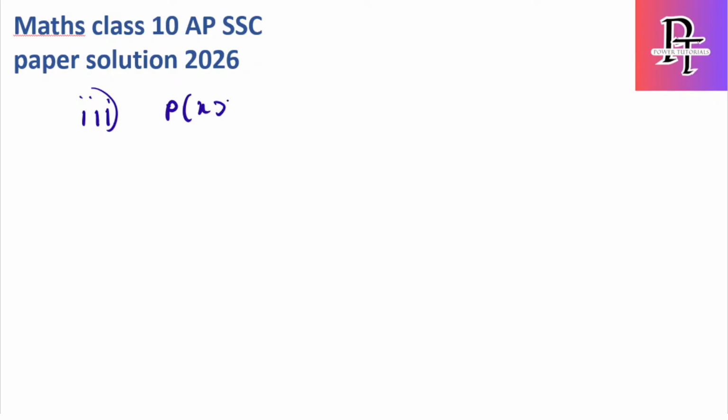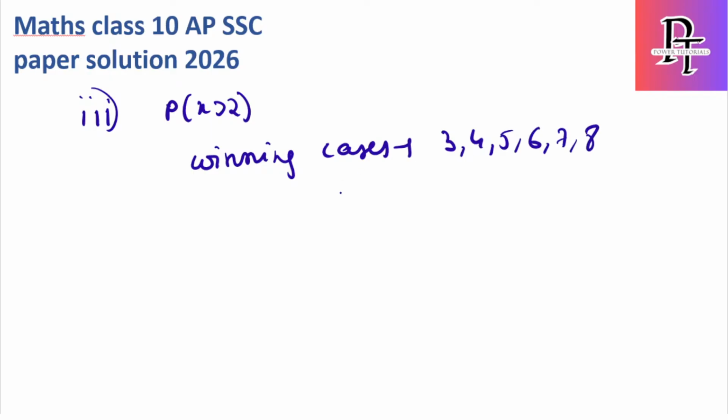P of x greater than 2, the winning cases are 3, 4, 5, 6, 7 and 8. So the probability is 6 by 8. I could also write it as 3 by 4.